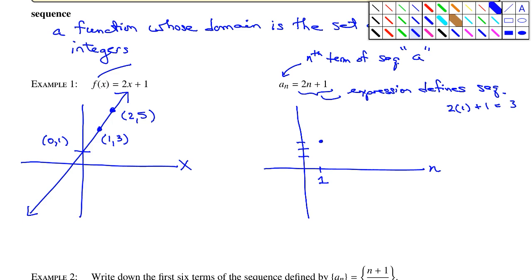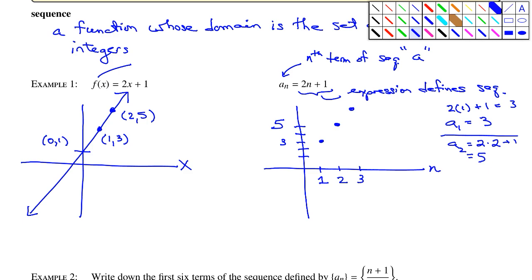So we would have this point here, and this point represents the a sub 1 term being equal to 3. Similarly, I could do a sub 2, which is the second term. It would be 2 times 2 plus 1, which is equal to 5. So for n equal to 2, we get a term that is 5. And then this would continue.